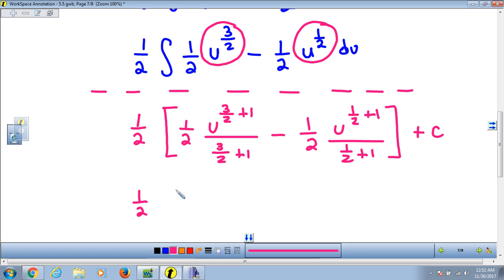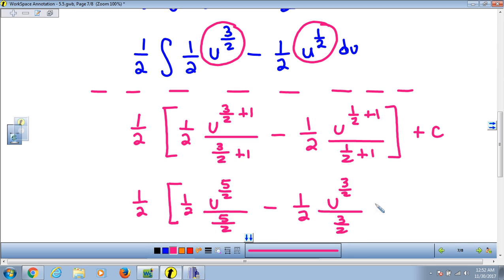So 1/2, and then all we're going to do is basic algebra here, trying to simplify this up. So 3/2 plus 1 is going to be 5/2. Also, my denominator here is going to be 5/2 minus the 1/2 times 3/2 over another 3/2. Close the bracket, plus d.